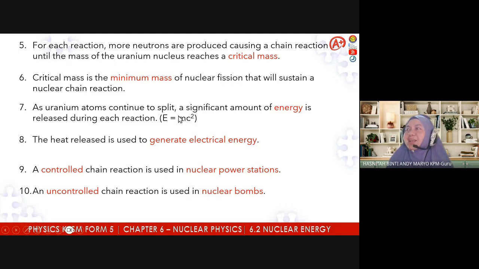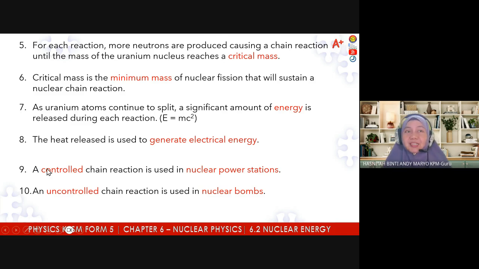So what is the use of the energy produced in this chain reaction? It is used to generate electrical energy in some countries which use nuclear sources to generate their electricity. For example, Russia, US, India, Japan, and a few more countries in the world. All right. Okay, so this chain reaction normally occurs in a nuclear reactor.